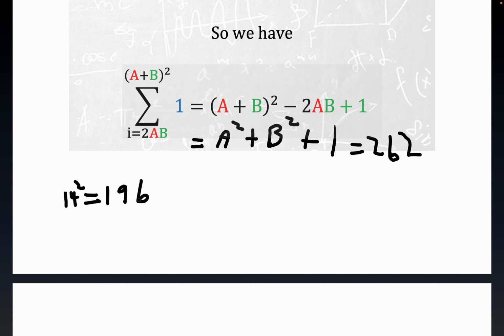But I don't think there are any squares that you can add to give you 262. You guys can experiment with that. You can check the other squares, and I don't think you can get 262.